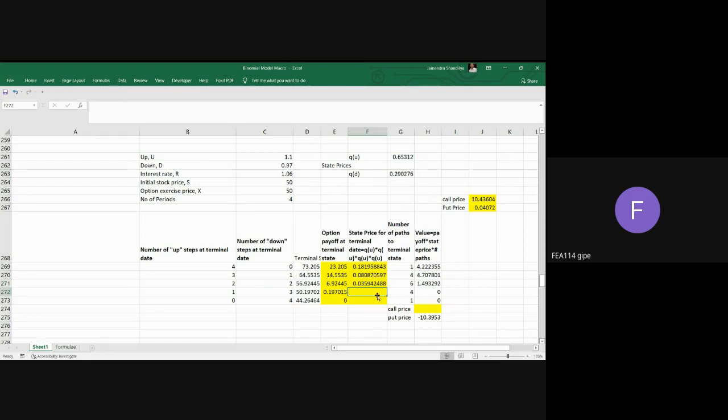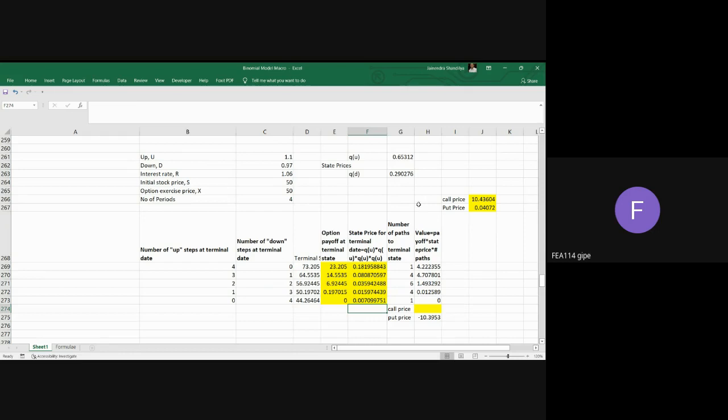Then in the fourth scenario, the down will be 3, so QD raised to power 3 into the up will be 1. So this is my value. And in the last stage there will be only down, so QD raised to power 4. And then I'm done.